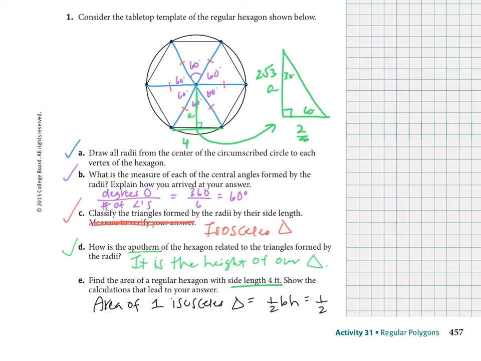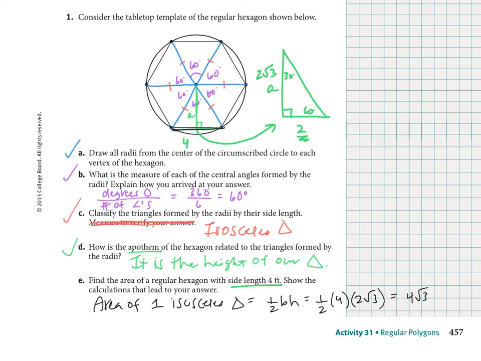We know we're going to have 1/2 times our base. Remember, our whole entire base we were given here is 4. Our apothem is our height. That's 2 root 3. So when we multiply that together, and I'm going to keep it in exact form, it's 4 root 3. Now, why am I keeping it in exact form currently?